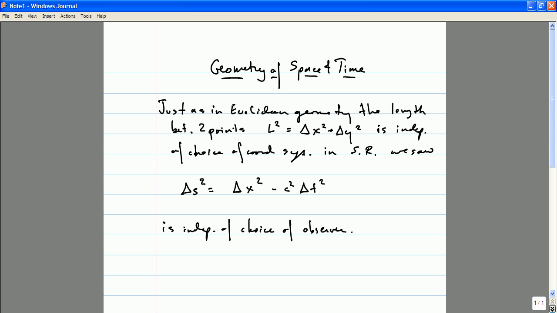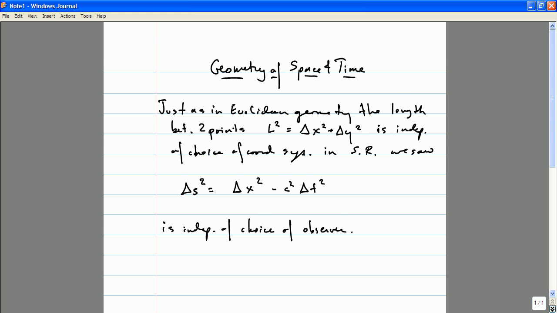The different choice of coordinates that I use to describe a system shouldn't change the actual physics at the end of the day. And so what we have identified here is a combination of coordinates, delta x squared minus c squared delta t squared, which is independent of the choice of observer, i.e. independent of the choice of coordinate system. So this should be a very important physical quantity. And we began last time, and will continue this time, with understanding exactly what the meaning of this quantity, delta s, is.